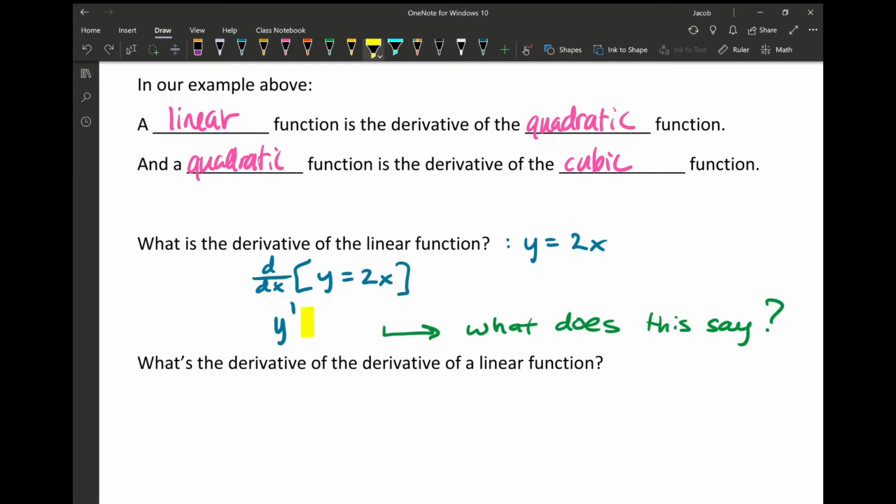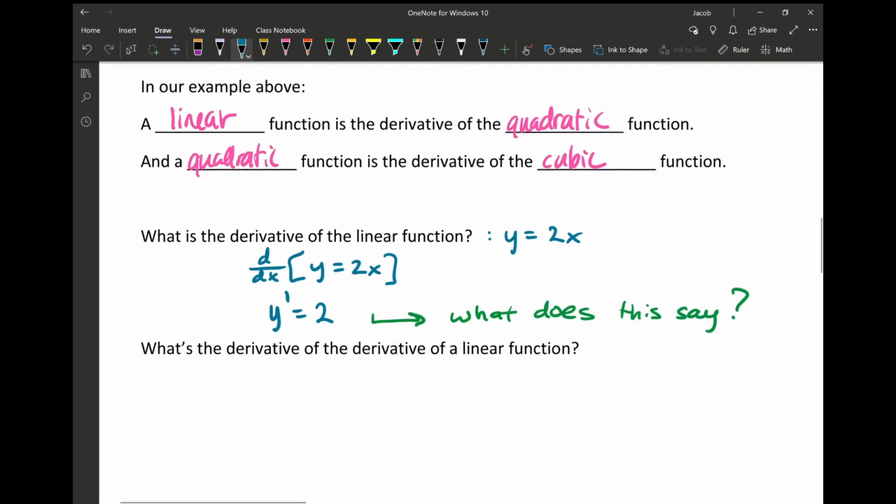But y prime is equal to 2. So what's the slope of the tangent line to y equals 2x? It's just 2, because that's the slope of the line. So this says the slope of the tangent line to y equals 2x is 2. That's all that says.